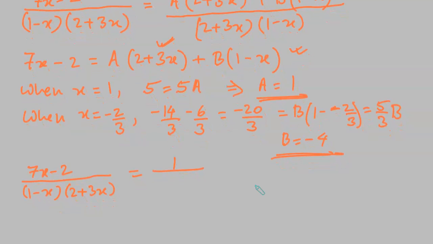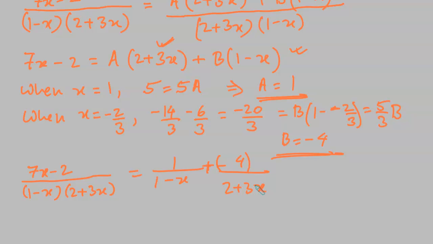So this is 1 minus x, and the b value is negative 4. So it is negative 4 over 2 plus 3x. I can write a plus sign in between as well. Okay. 2 plus 3x. And now we will be expanding these two terms separately, independently, and then adding the terms.